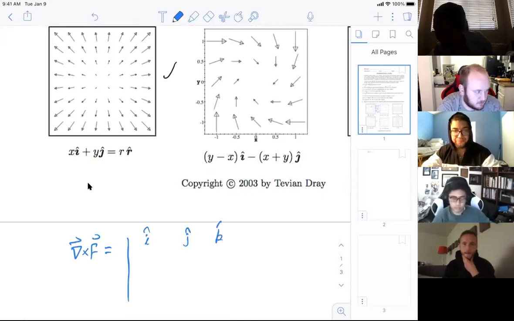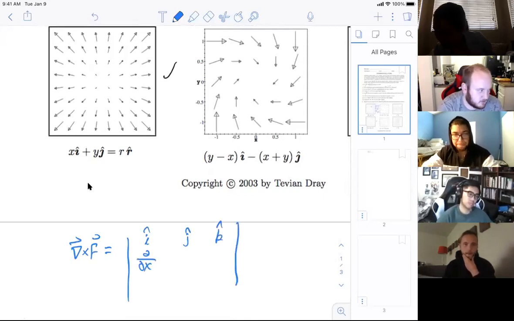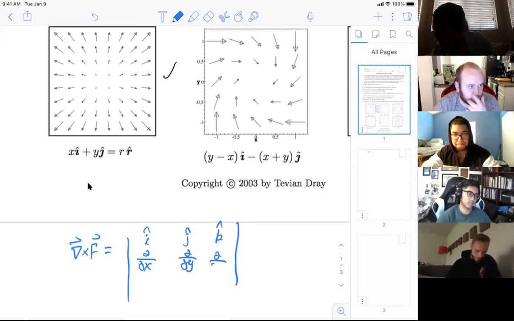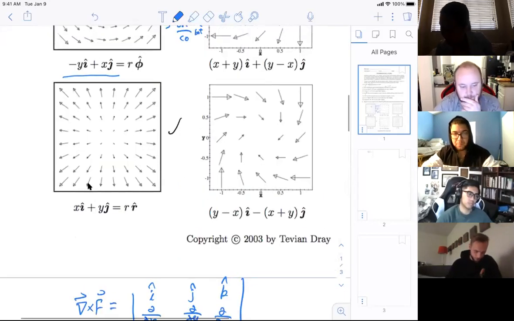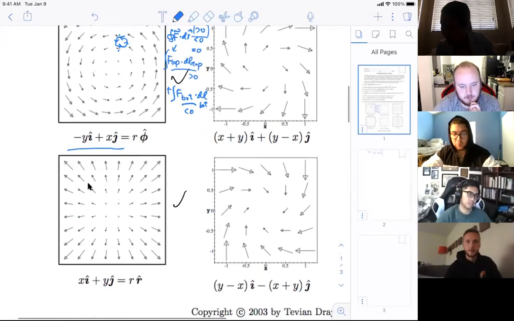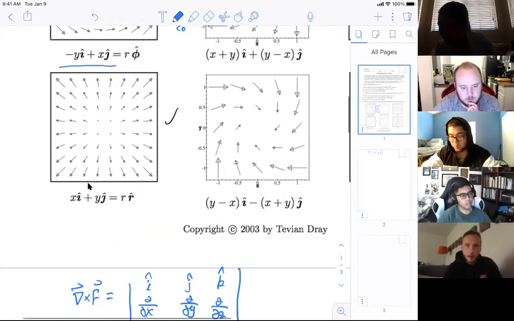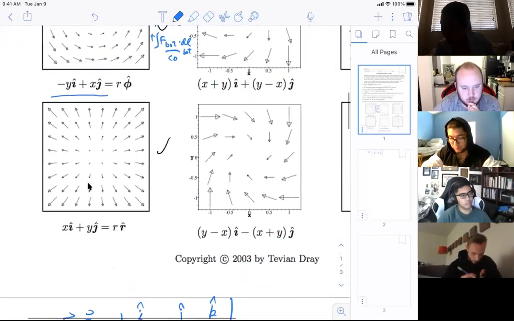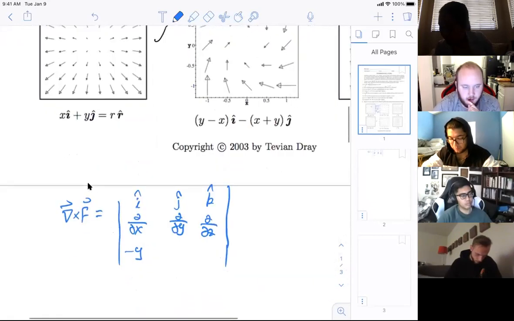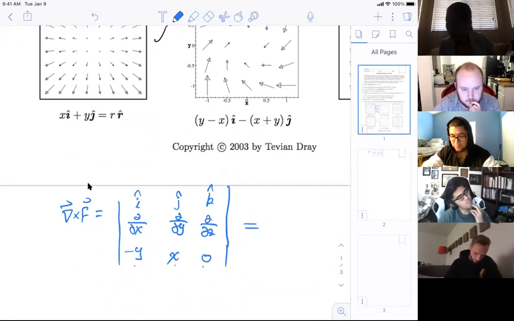We could do this real quick together, not the rest of them one by one, but this one. You can see the x direction component is negative y. The y direction has x. There's no z direction, so the components for F are these, and you can calculate this.